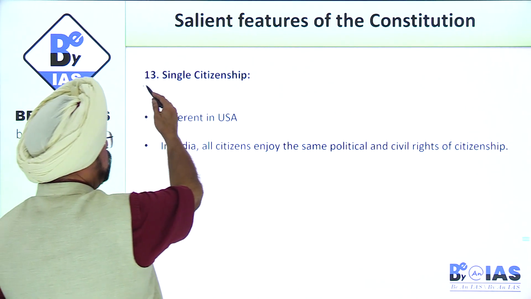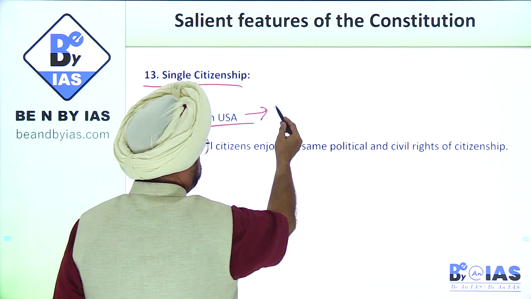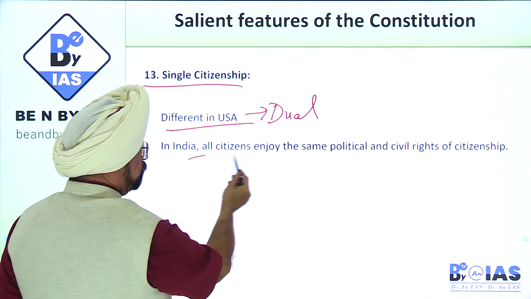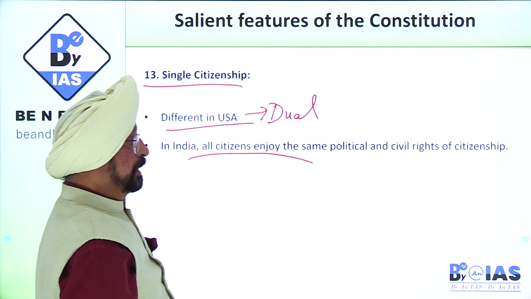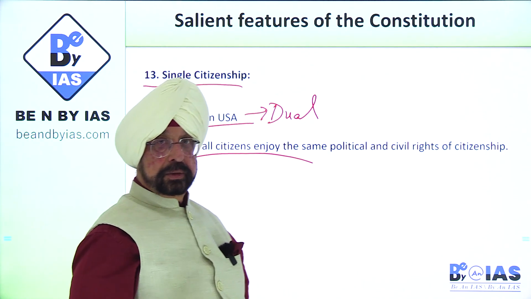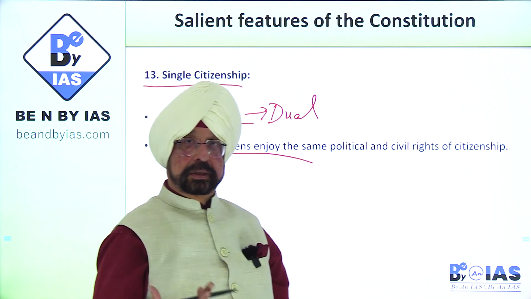Single citizenship, like I said, in the USA you have dual citizenship, but in India, we have a single citizenship. The same political and civil rights of citizenship. If you are a citizen of India, you have equal rights as given in the Constitution.